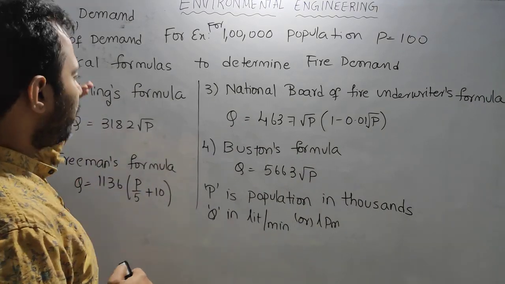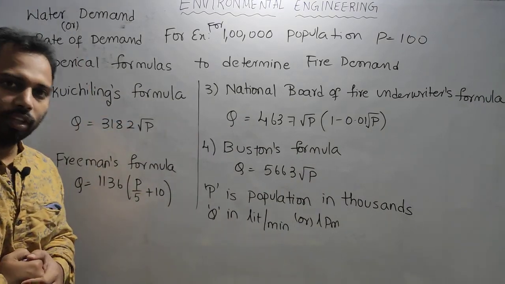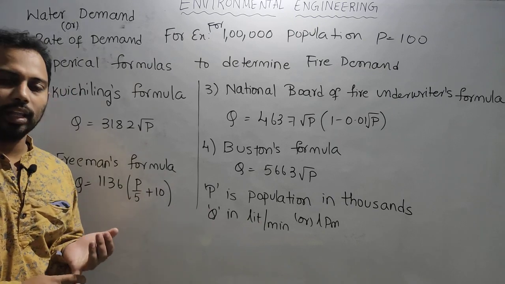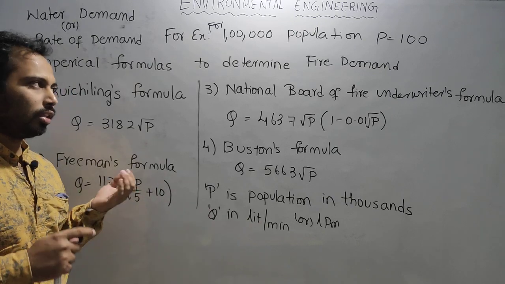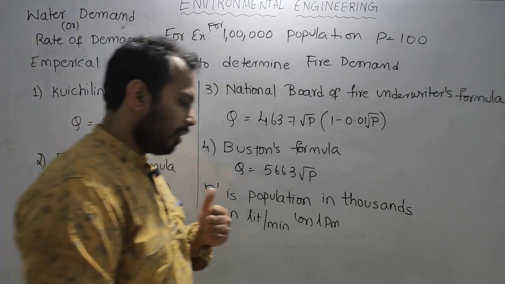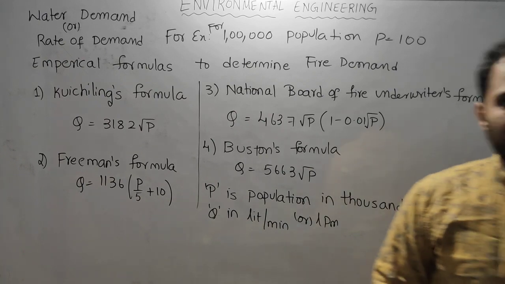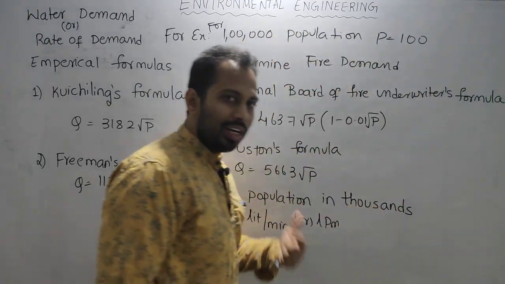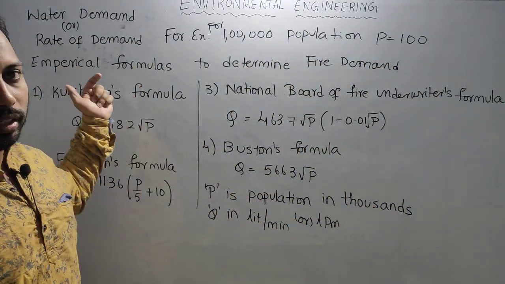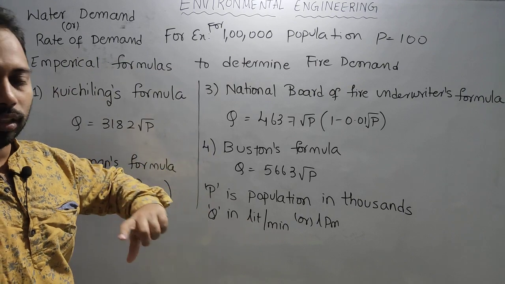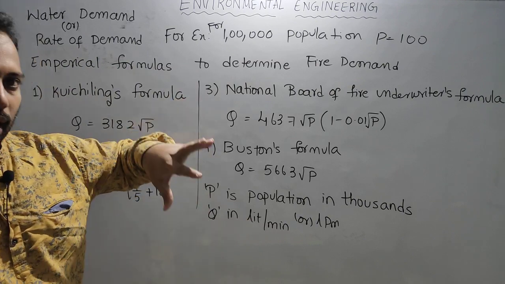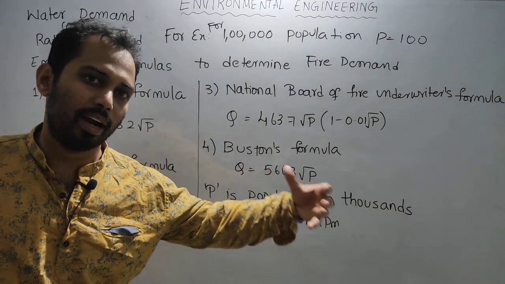Now, what have we learnt? We have learnt how to calculate the per capita demand, and the per capita demand was already provided for us by the Indian Standard Code, so we need to remember those values. Once you know the population and the per capita demand, multiplying the population with the per capita demand, you will get the total demand of the community.